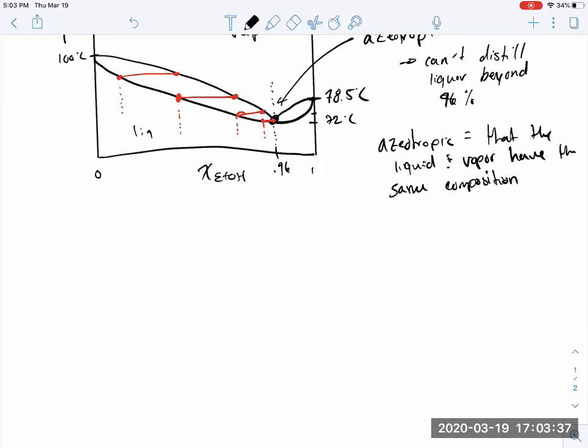The next question we want to think about through today's lecture is, how exactly does a system get from one phase to another?